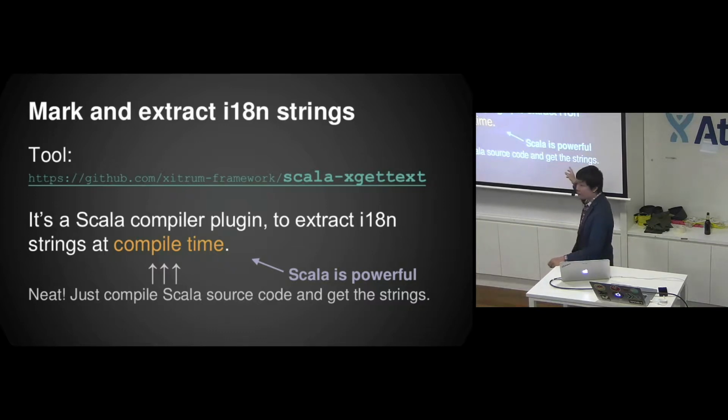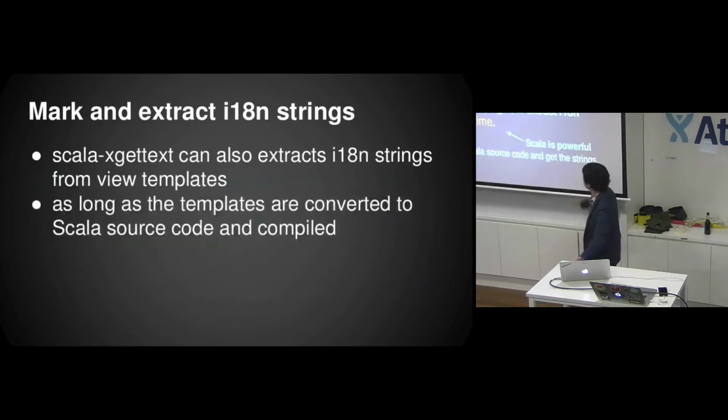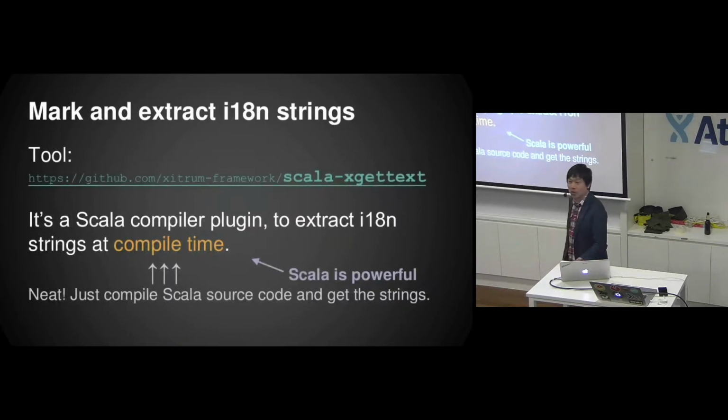But in Scala, because the compiler does the pass, we can get the exact strings. This is very handy. I will show you how to do this later. And this tool I wrote is only about 100 lines of source code. It's very simple, but it's very powerful.